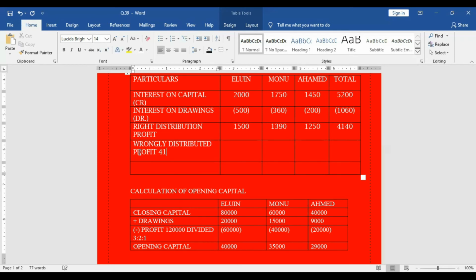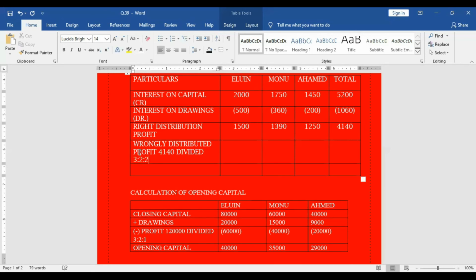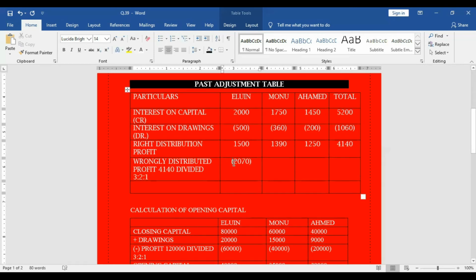The 4,140 distributed in the ratio of 3:2:1 means Yelun will get a wrong distribution of 2,070, Monu 1,380, and Ahmad 690. It is distributed as per their profit sharing ratio.